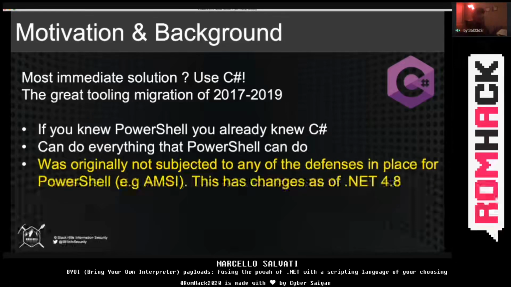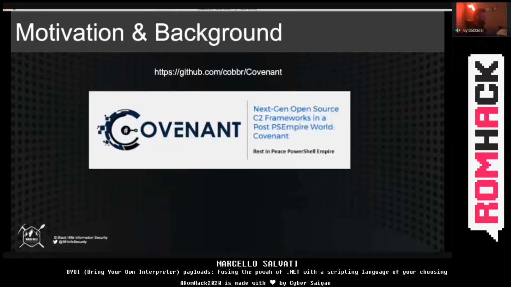But this has changed as of .NET 4.8. .NET 4.8 introduced AMSI in the underlying .NET framework as opposed to just the PowerShell runtime. So now you can detect malicious C# binaries as well. But again, we'll talk about that in a second.